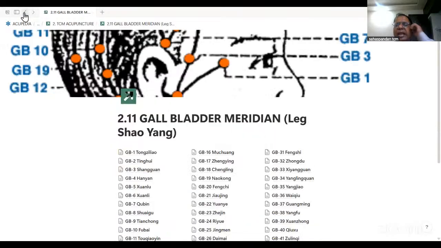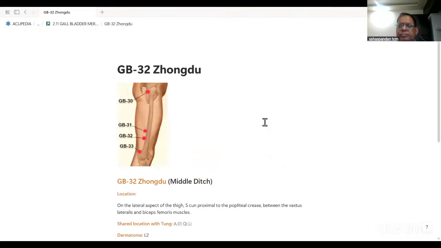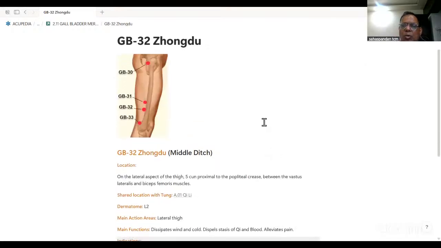Okay, and GB32, on the lateral aspect of the thigh, 5 proximal to the popliteal crease between the vastus lateralis and the biceps femoris muscles.